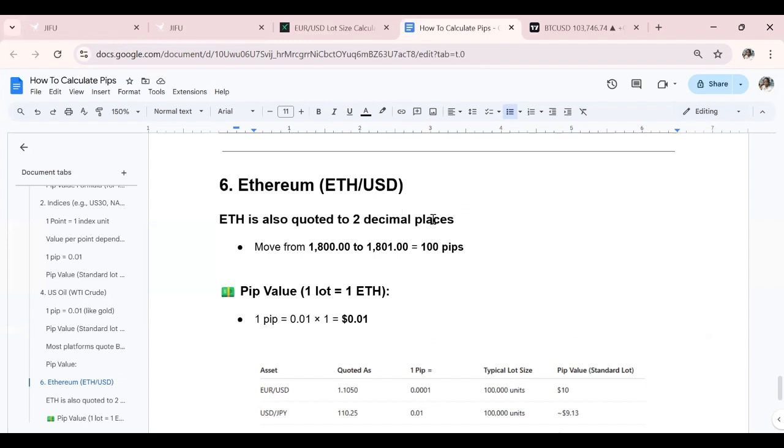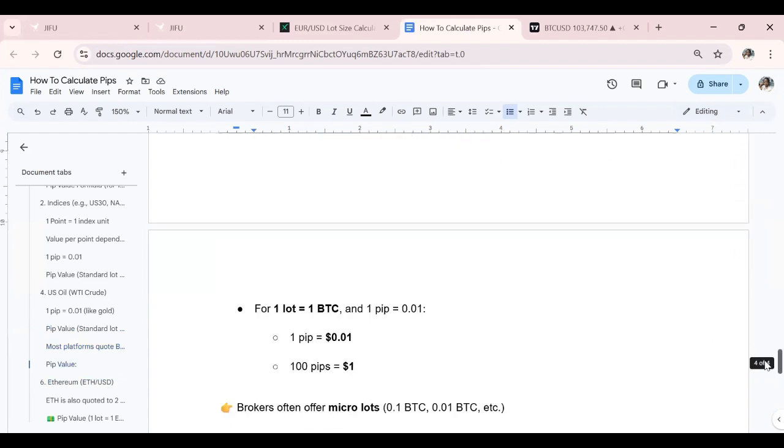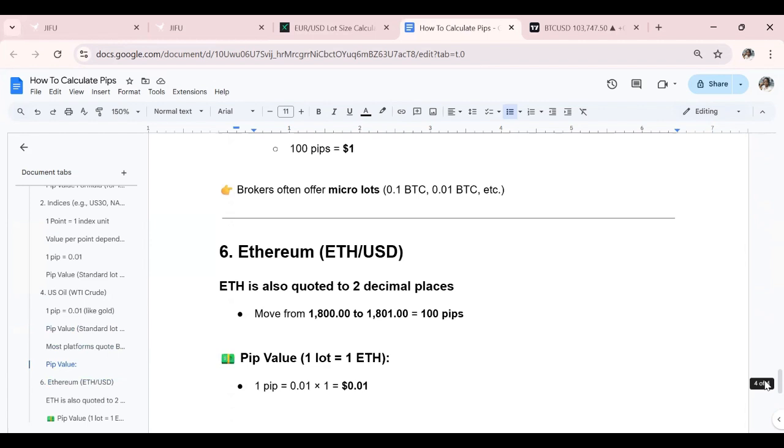So this Ethereum is also quoted to 2 decimal places. The same thing that we did for BTC is actually the same thing here for Ethereum.